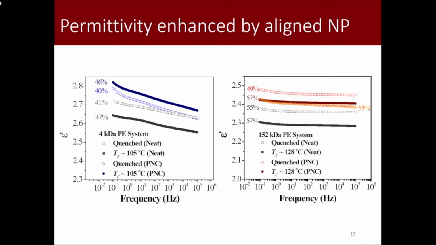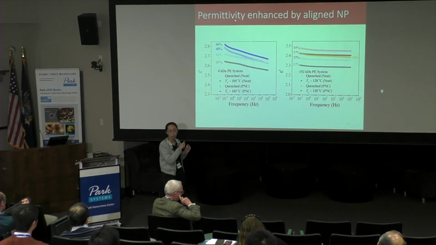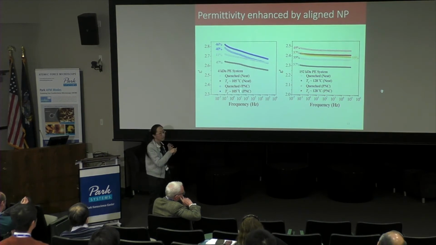And this is the dielectric properties of the composite sample versus the neat sample. The dark blue sample is the isothermal crystallized sample with well-organized nanoparticle alignment. We can see the permittivity is increased significantly compared with the other samples.